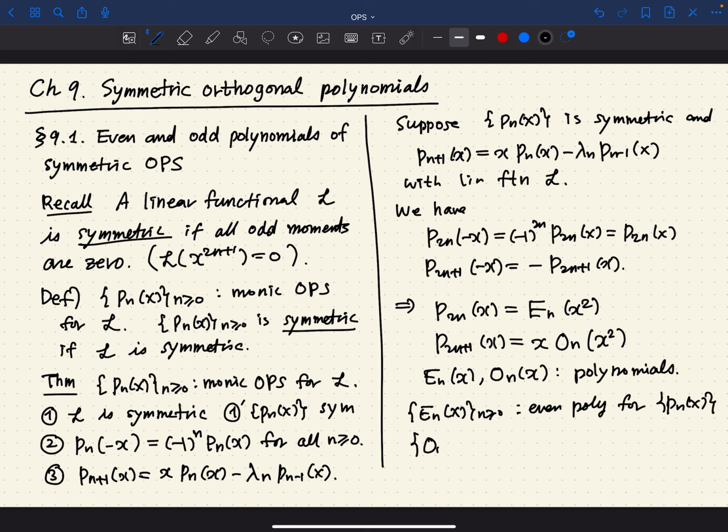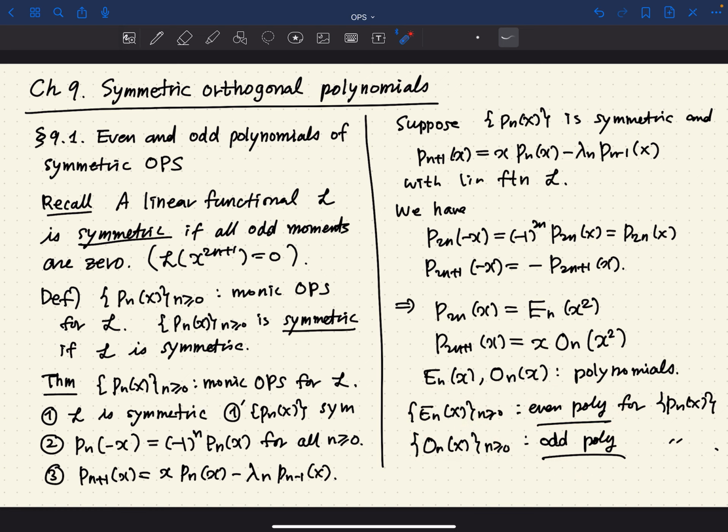And these O_n, we call them odd polynomials. So we have even and odd polynomials associated to an OPS, of course when this is symmetric. And we will show that they themselves are also orthogonal polynomials.